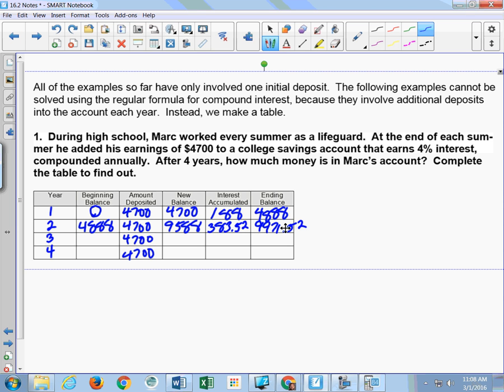So now we're going to take that ending balance and move it to the beginning. 9,971.52, add our 4,700, so 9,971.52 plus 4,700 is 14,671.52. Okay, now we're going to run this through the formula.